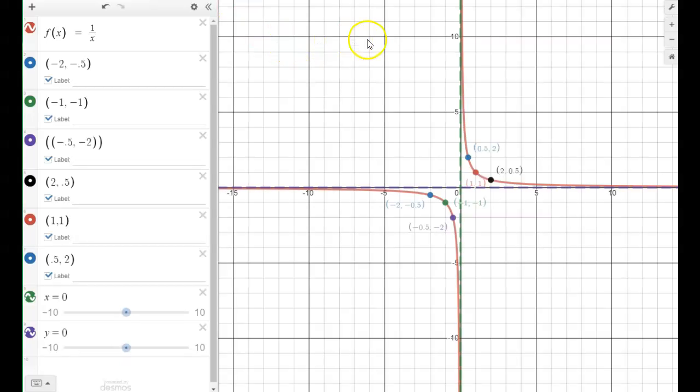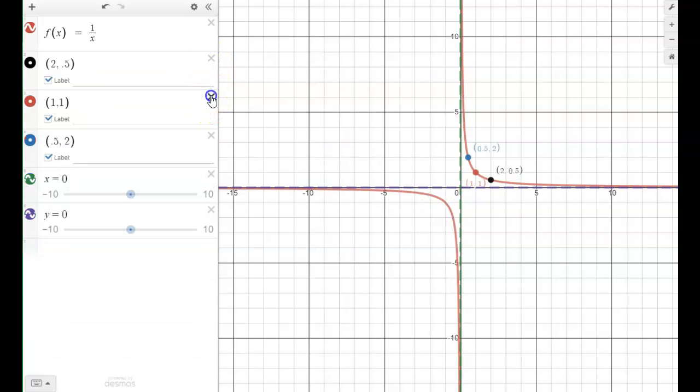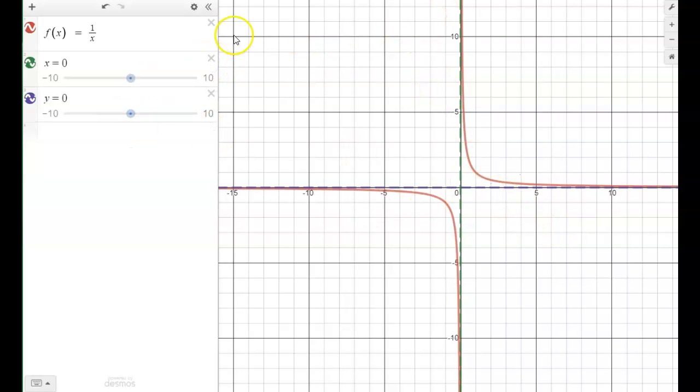Okay? So let's go back to Desmos for another demonstration. I'm going to get rid of all these dots. We don't really need these for the next demonstration. But what I do have on here is my graph, and I also have my vertical and horizontal asymptotes.